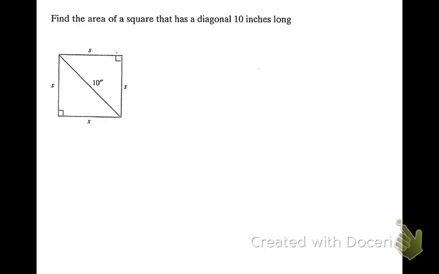So we have to find the area of a square that has a diagonal 10 inches long. To find the area of the square, we need to find s. How could we do it?